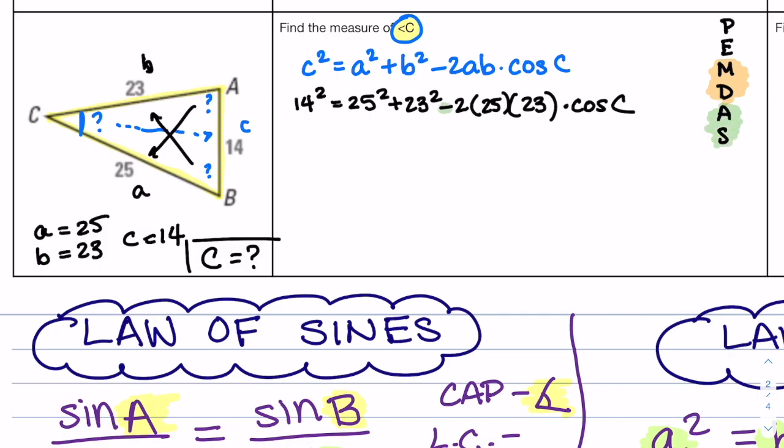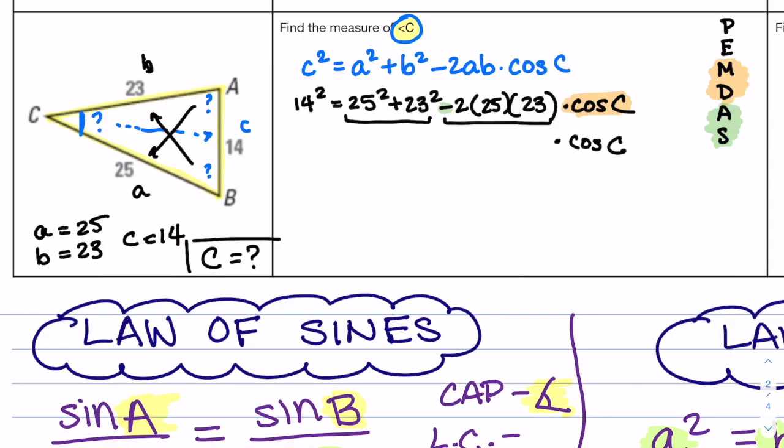So notice this subtraction right here. Well, there is a multiplication over here that takes priority. So what I recommend doing is solving this, and then tacking on the cosine C.